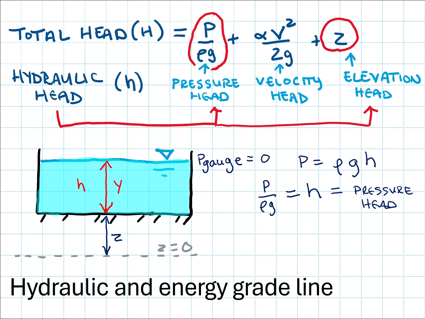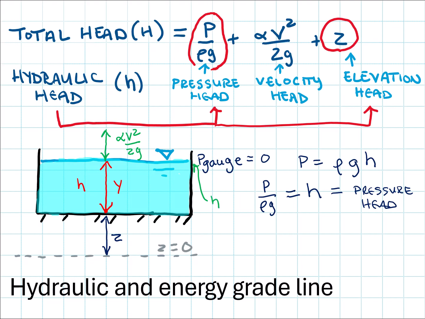So then finally, of course, we're going to have the velocity head, like this, some distance above the free surface of the channel. And so if I wanted to map the hydraulic grade line, for instance, it's going to be coinciding with the hydraulic head right here at the free surface of the channel.